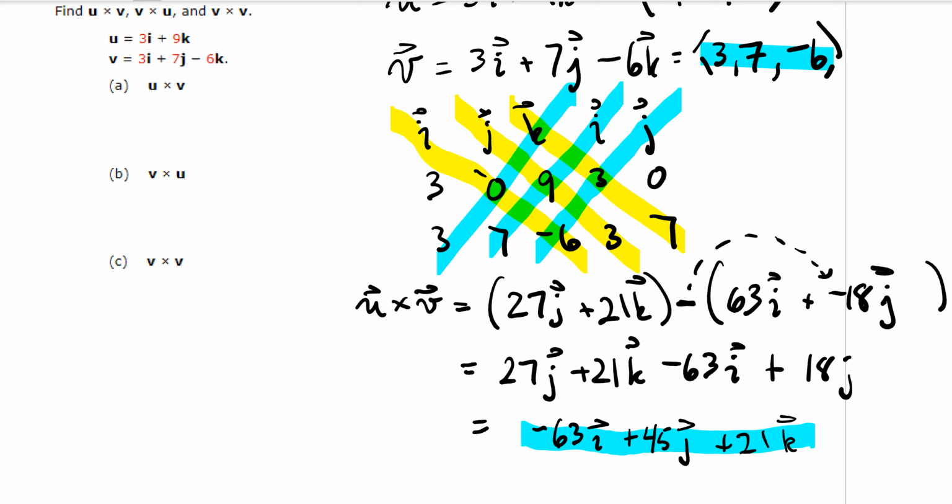In component form, that would be negative 63, comma, 45, comma, 21. The i's and the j's and the k's don't go in the angle brackets. The angle bracket way, whether it's x, y, or z, is kept track of by the position.